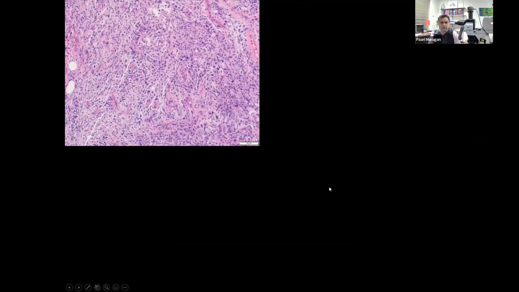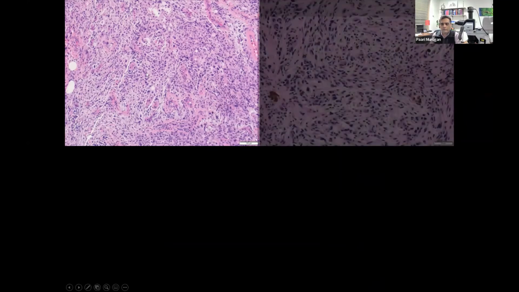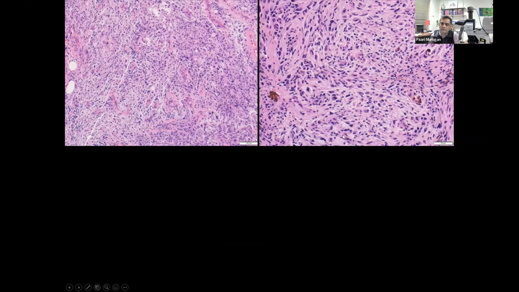So there were other areas that actually were quite concerning because, as you can see, there is quite a bit of pleomorphism in these foci. And then if we look closer, we start recollecting what we saw in the HFLT tumor, where there were these ganglion-like cells. In those areas, though, it was just scattered. Here we can see the entire field filled with these ganglion-like cells.